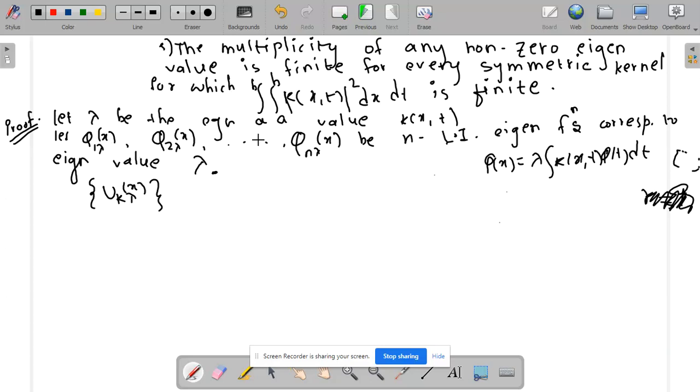So basically these are the functions, we have n in number. Corresponding to this set, I can always generate one more set in which we will have the orthonormal system.